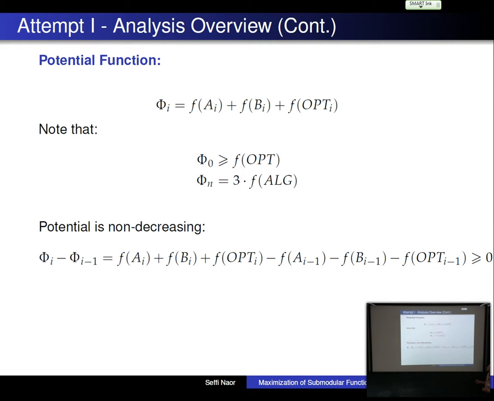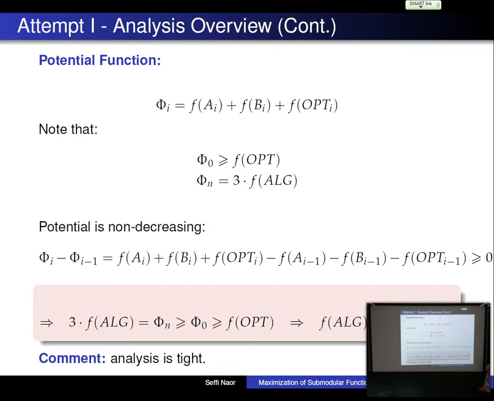And by the previous lemma, we know that the change in f of A upper bounds the change between f of opt_i and opt_{i-1}. So we get that the potential difference is non-negative. And this means that the final potential, which is 3 times f of alg, is bigger than the initial potential, which is at least f of opt, meaning that f of alg is at least 1/3 of f of opt.